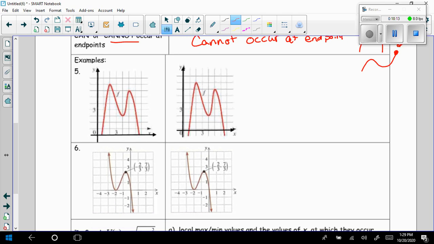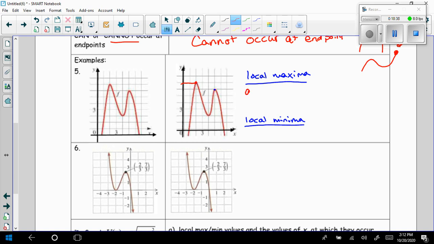All right, so looking at a couple more examples here in terms of just your local max and your local min. So we already talked about increasing and decreasing on all of that. Just looking at local maxes and min. All right, so local max we write in a specific way. We're going to say the y value first. And so this one is at 7.